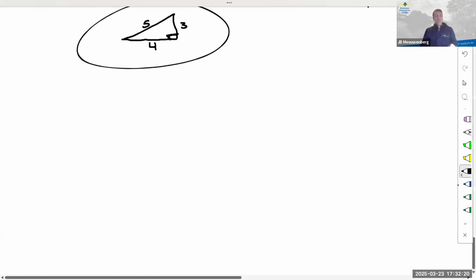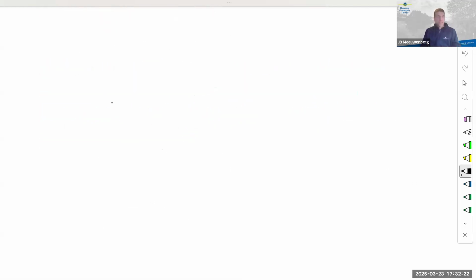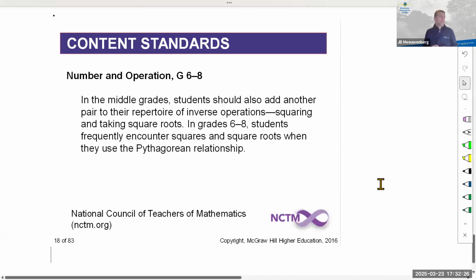So before we move on, I do want to take a note at one of our content standards and talk about something for a moment. This says in the middle grades, students should also add another pair to their repertoire of inverse operations, squaring and taking square roots. In grades 6 through 8, students frequently encounter squares and square roots when they use the Pythagorean relationship.